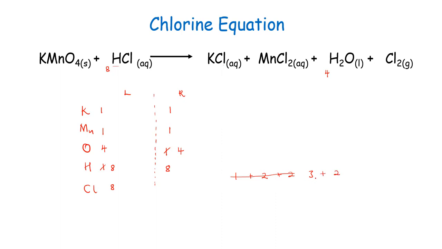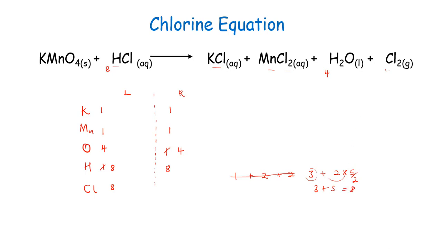These 3 chlorine atoms, the one in manganese chloride and the one in potassium chloride, we don't want to touch. However, we want to manipulate this last one so that the total becomes 8. Here we have 3, but we want this 2 to become 5, so that we have 5 plus 3, which is 8. Which fraction can you multiply by 2 to get 5? Obviously that fraction will be 5 over 2, such that we get 3 plus 5, which becomes our 8.